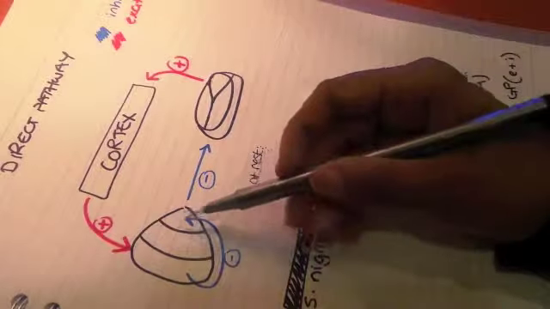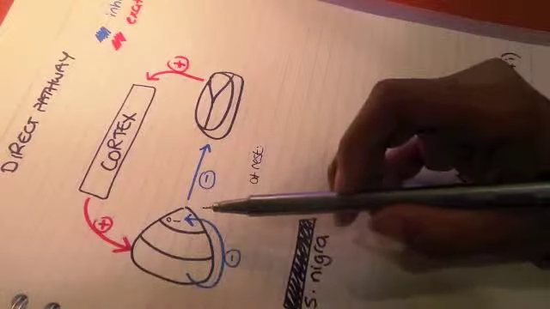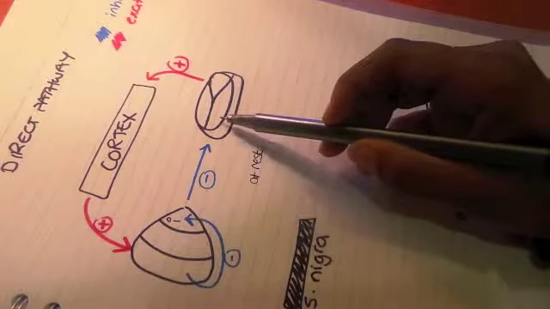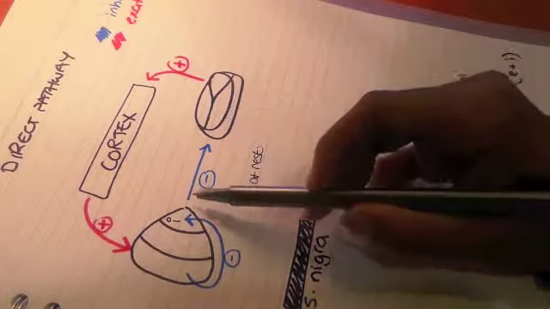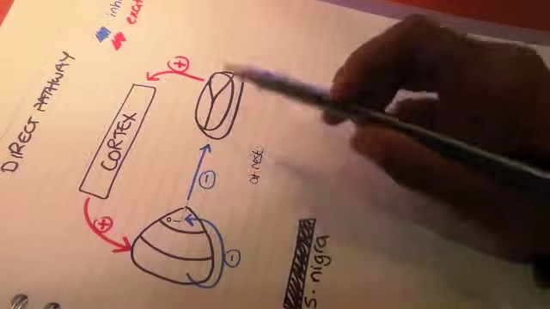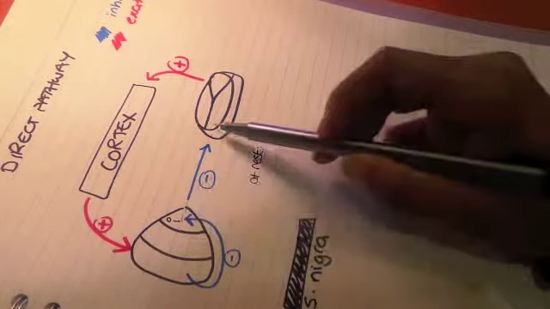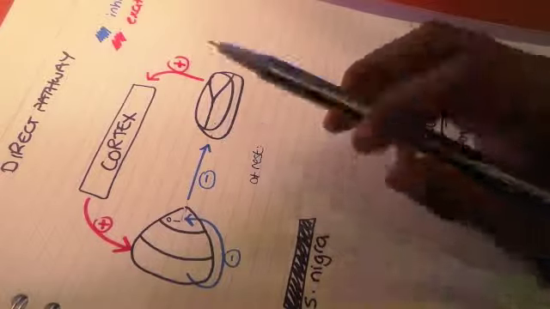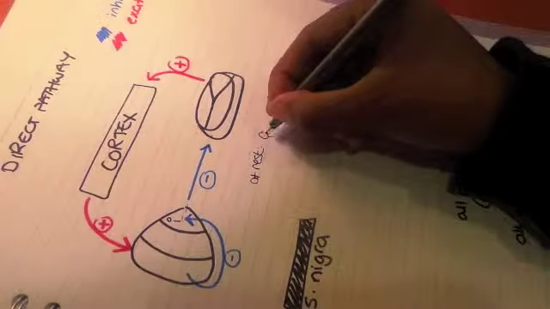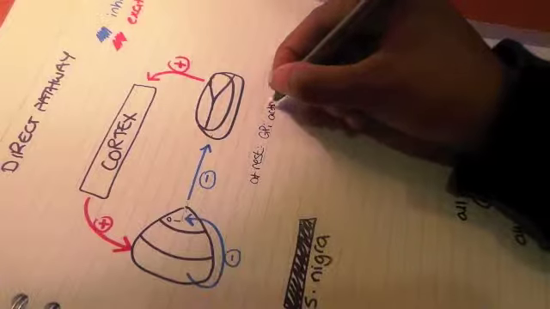Your globus pallidus internal is actively firing inhibition to your thalamus. So this arrow right here is active. GPI is inhibiting your thalamus when you're at rest and not moving.